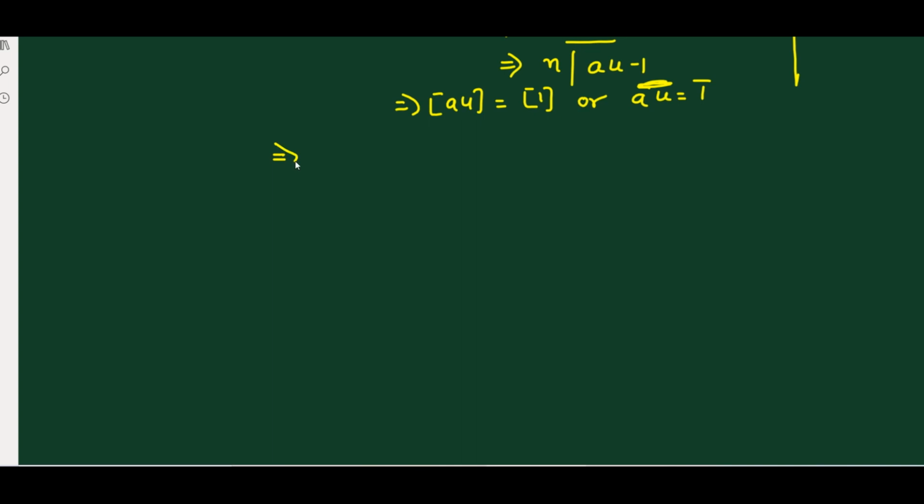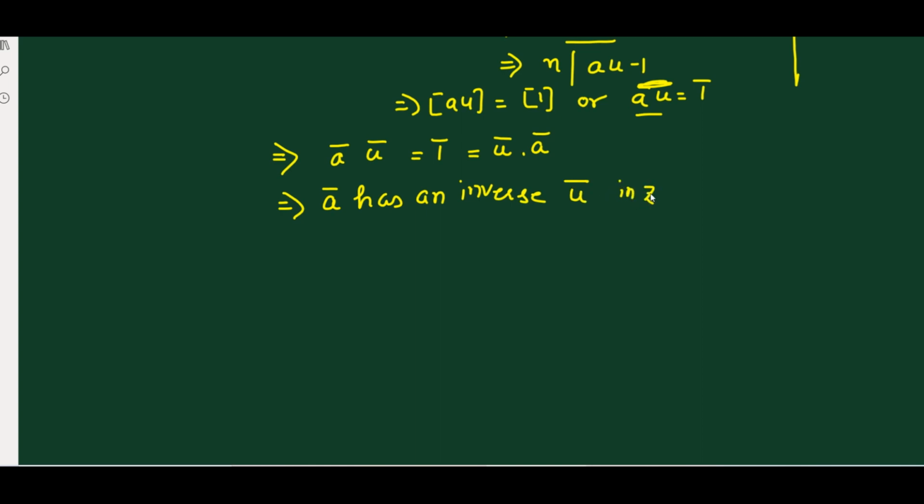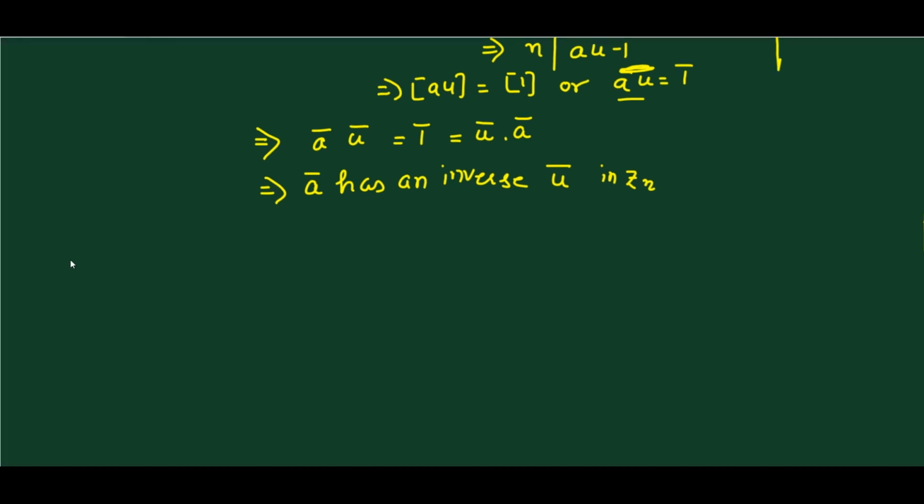Now open this product as the class of u times the class of a is equal to 1, and since this is commutative, you can write it this way also. So this implies a has an inverse, namely the class of u, in Zn. So we have proved one side, now we prove the converse part.